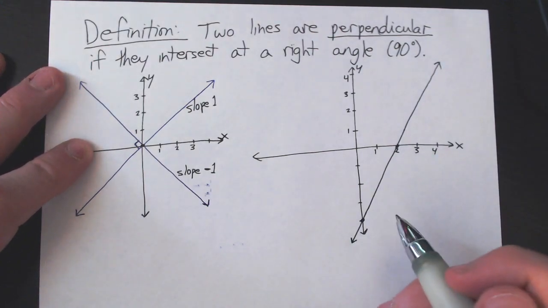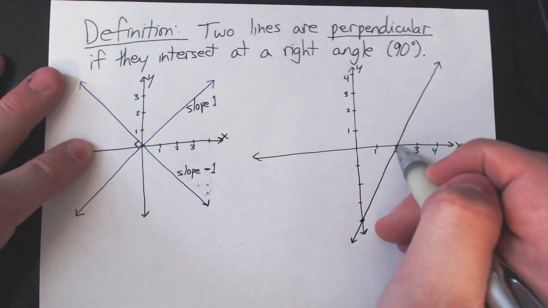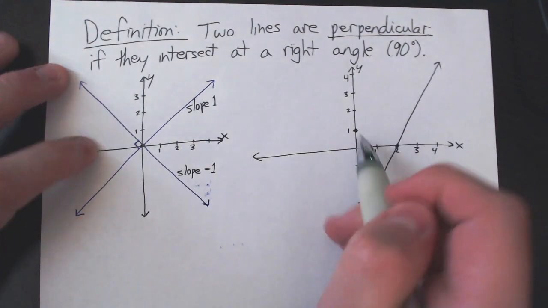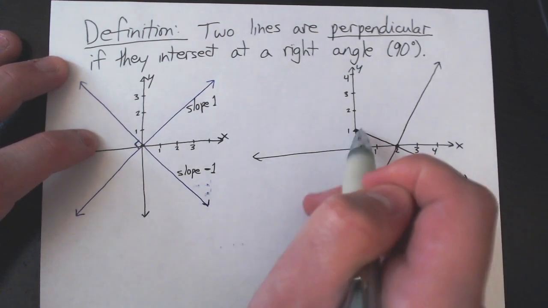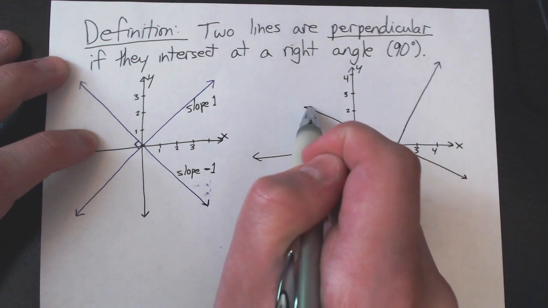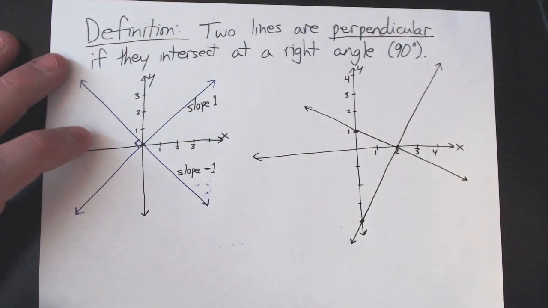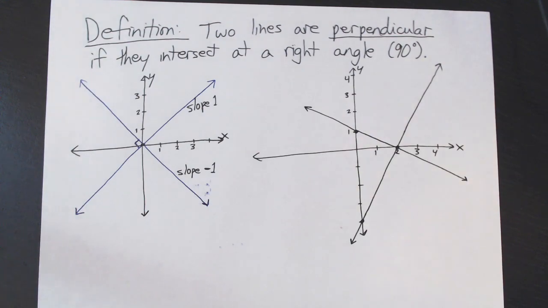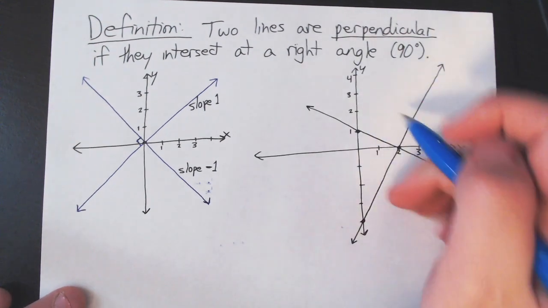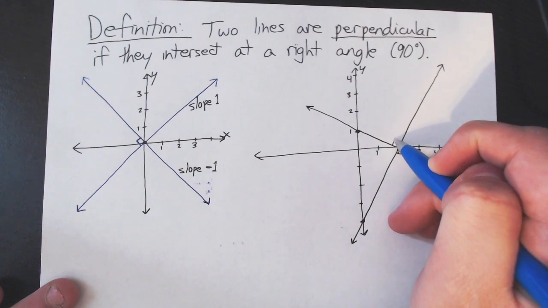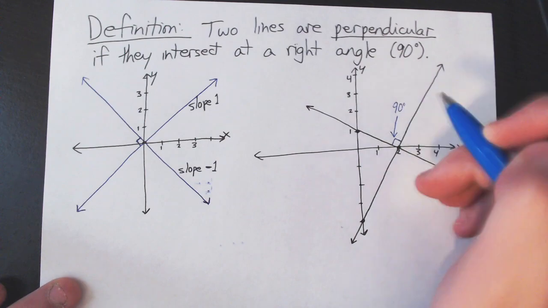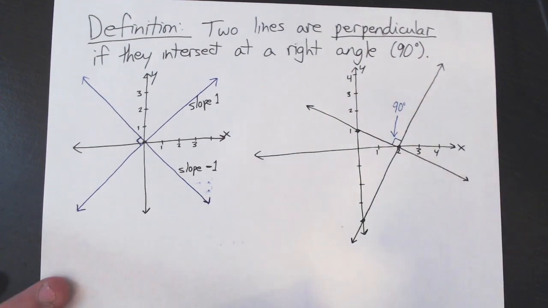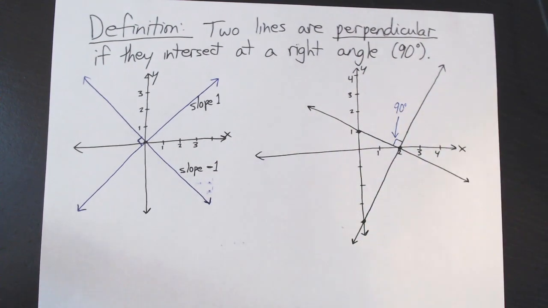This is my first line, and my second line, I've got x-intercept of 2 and a y-intercept of 1. All right, so it turns out that those two lines, they intersect in one place, and they do so with a 90-degree angle. So this angle right here is 90 degrees. Make kind of a nice square shape there, like the corner of a rectangle.